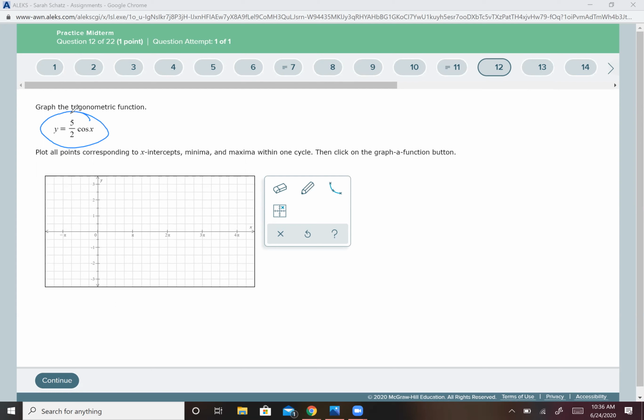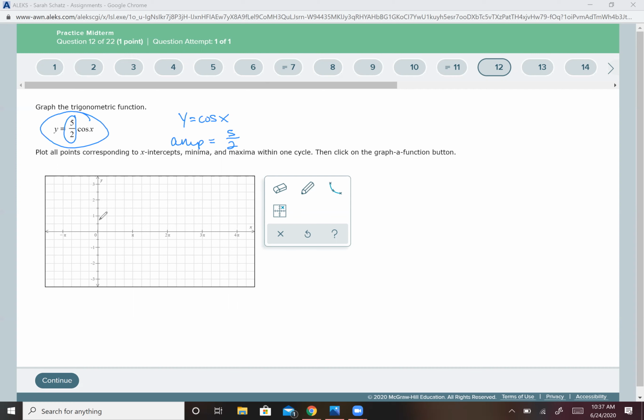So all this is, you guys, how does this differ from y equals cosine x? Remember, this is just the basic version. The only difference here is we have the 5/2. Remember, that's your amplitude. So it means that normal cosine goes up to 1 and down to -1. But instead of that, we're going to go up to 5/2 and down to -5/2.